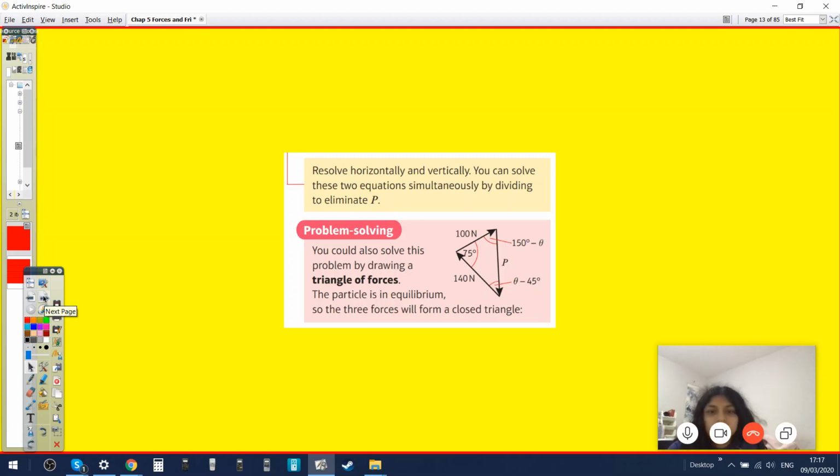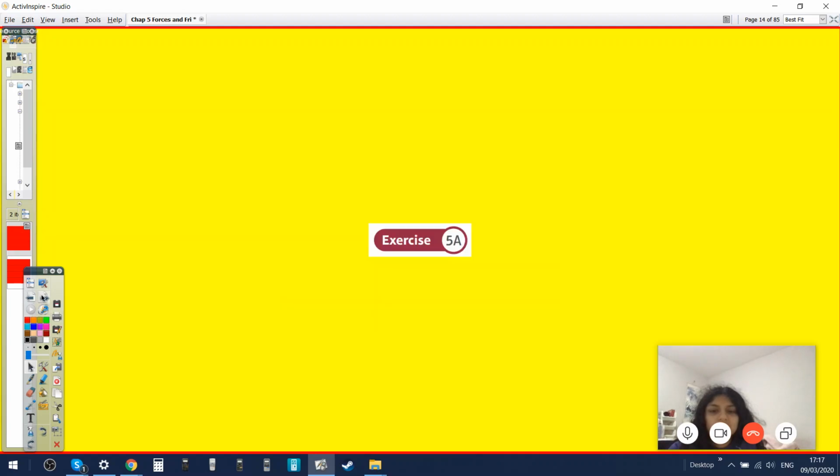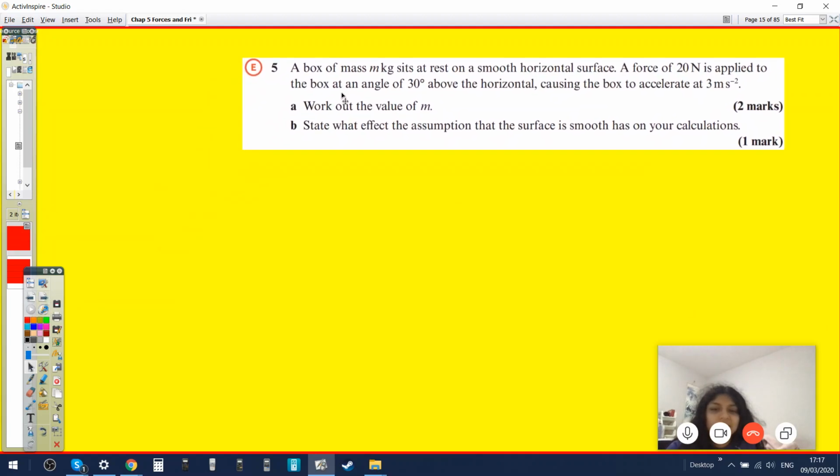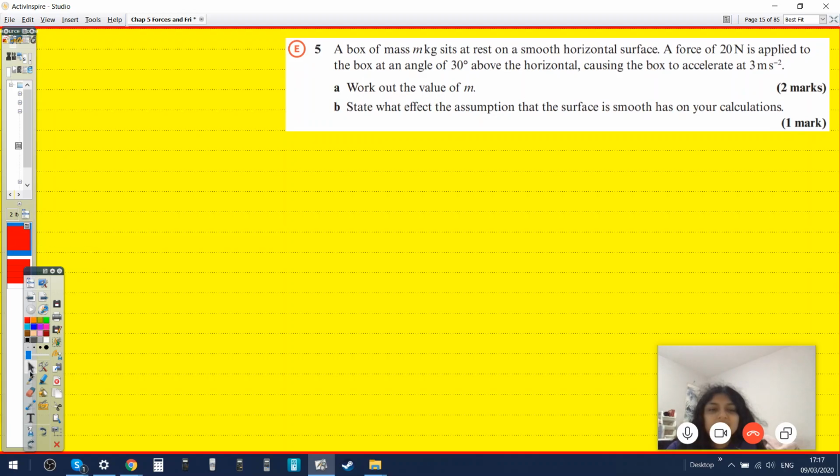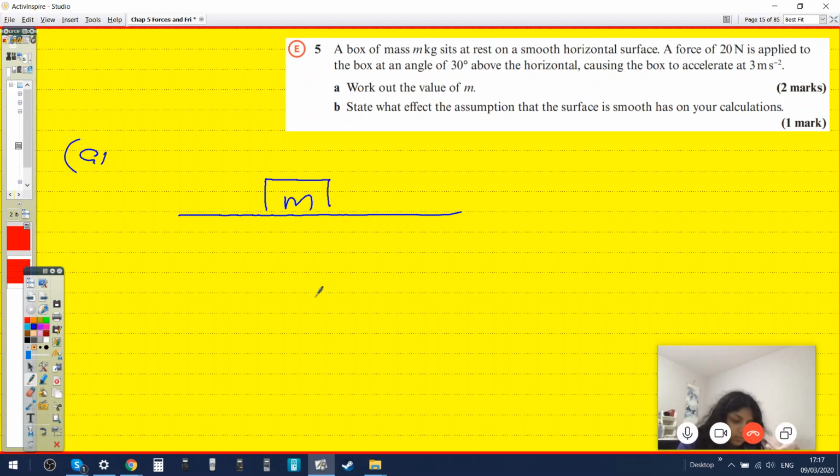You could do that using triangular forces. Okay. So there's no diagram for this one. How about this? It's still on a horizontal surface. So like that. Yeah, it's horizontal.